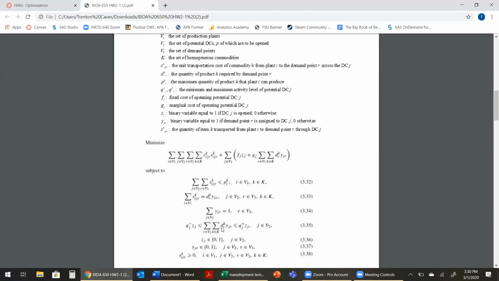There's a minimum activity level that has to be met, and then there's a maximum level that it cannot exceed. So for the distribution centers, there's a requirement of a minimum and maximum of how much it can distribute to the different demand points.